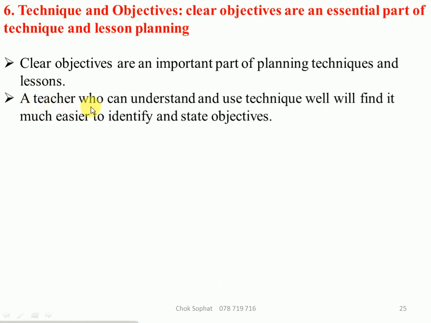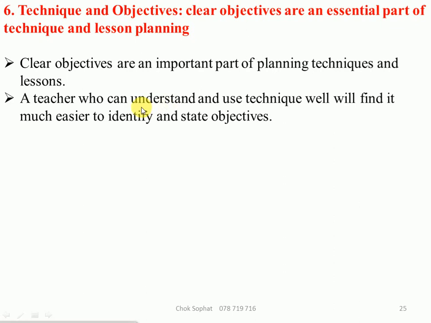A good teacher who can understand and use techniques well will find it much easier to define and set the objective. So you must define the objective. You have to understand the lesson.